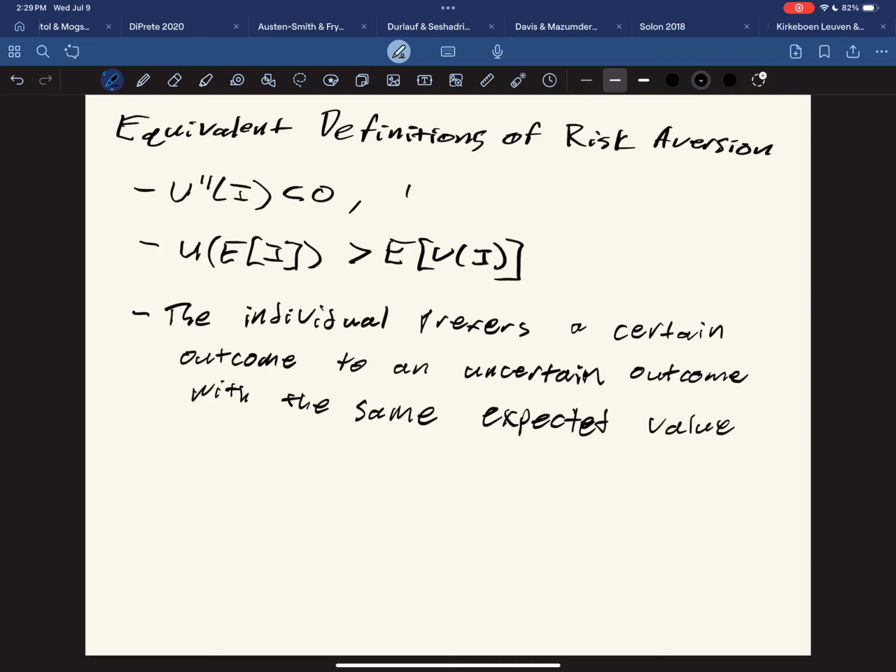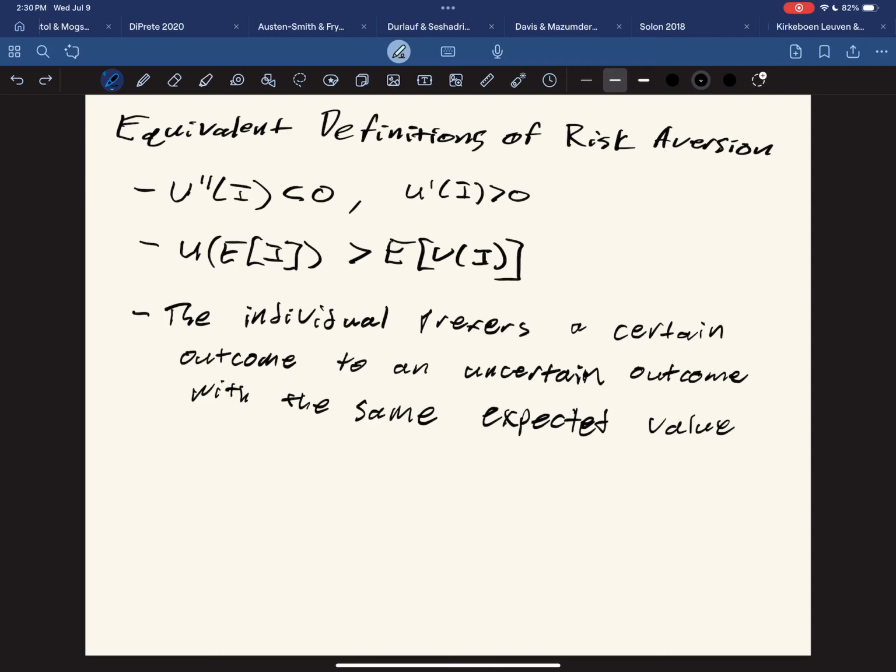So we have the definition of risk aversion I mentioned at the start, and that's that I always prefer more income to less income, but my marginal utility of income is decreasing, so it's more important for me to go from $0 to $1 than from $1 million to $1,000,001.